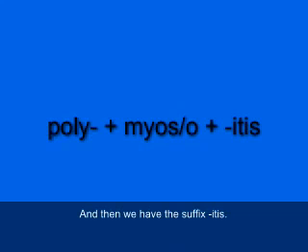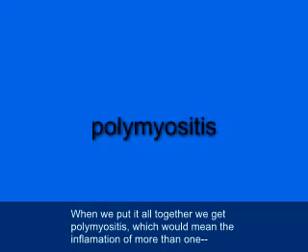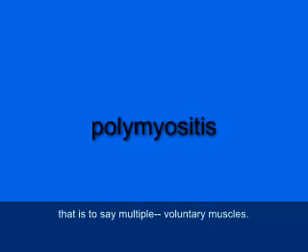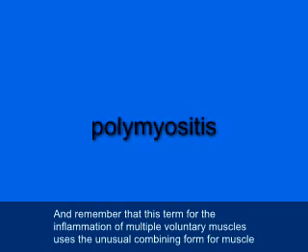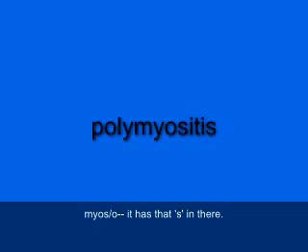And then we have the suffix itis. When we put it all together, we get polymyositis, which would mean the inflammation of more than one, that is to say multiple, voluntary muscles. So again, remember what poly means. Sometimes people forget that. And remember that this term for the inflammation of multiple voluntary muscles uses the unusual combining form for muscle. It's myos/o. It's got that S in there.